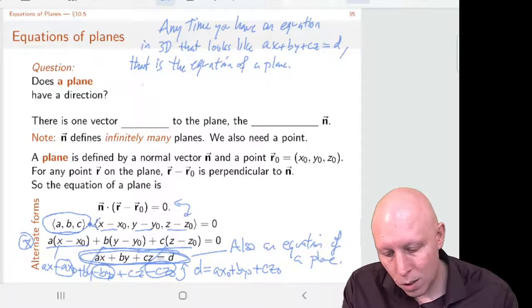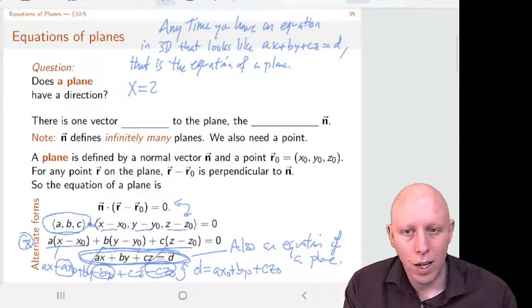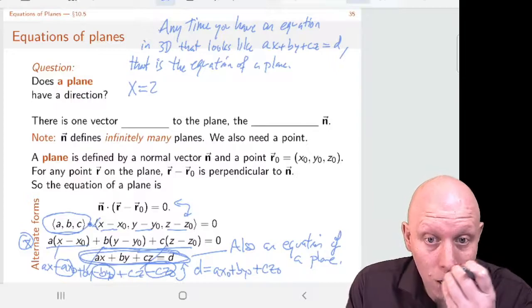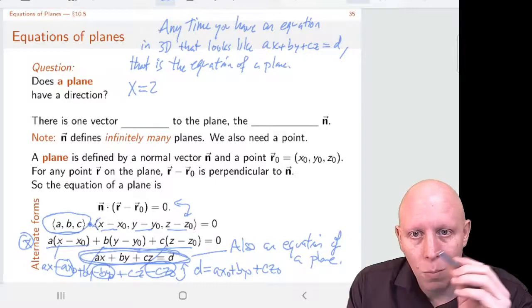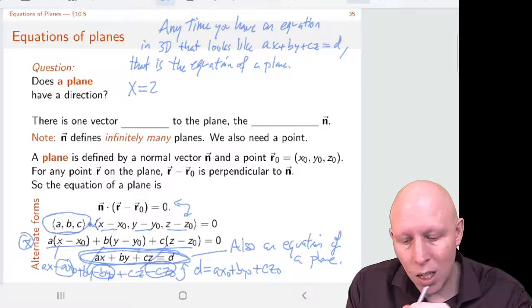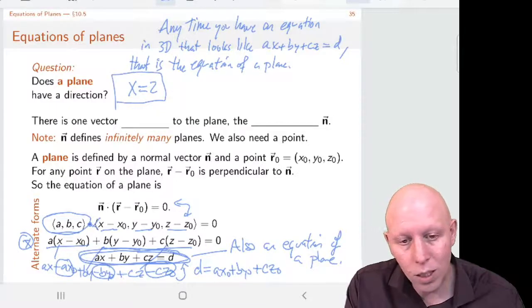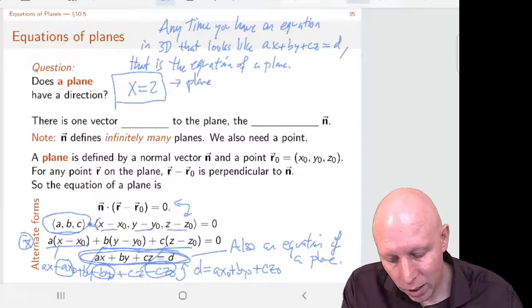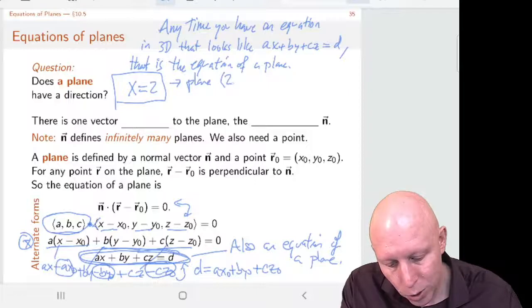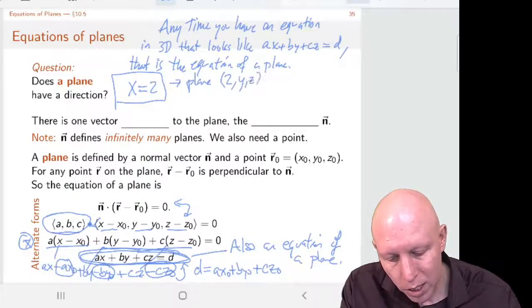So, for instance, when we see something that looks like x equals 2, normally what we think about when we think about x equals 2, we think that's the equation of a line. But when we live in 3D, x equals 2 is the equation of a plane where that looks like 2 comma y comma z for any y and z.